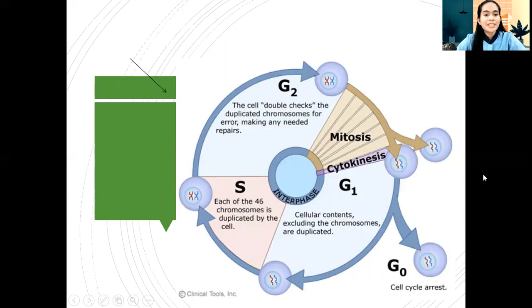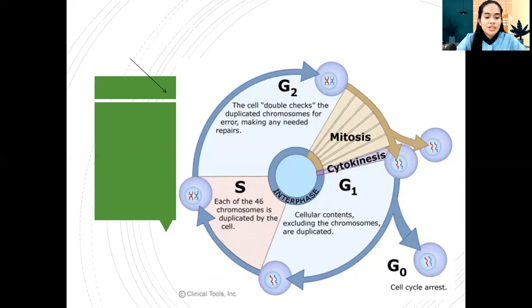So now let's discuss the interphase of our cell division. When we say cell division, it will take a lot of processes for you to prepare before you could actually go to the main process. So we have three preparatory stages before we can actually have your four main stages.